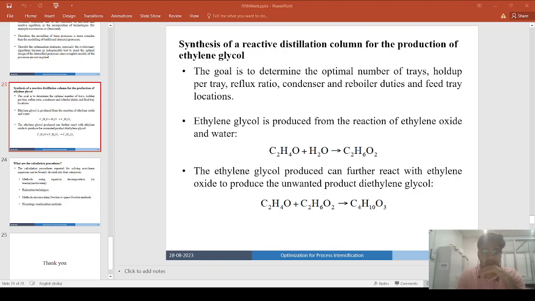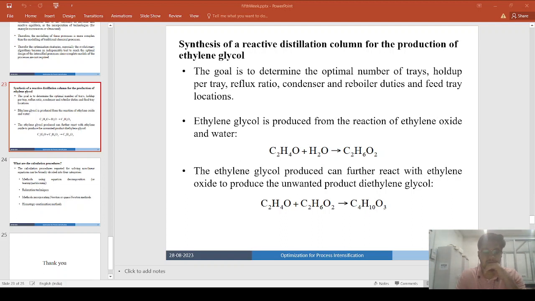Similarly, the reboiler and the condenser investment costs are evaluated by the height of the tower and the flow rate to each of the reboiler and condenser units. And the height of the liquid in a given tray is evaluated as a function of the minimum tray spacing, the corresponding volume, and also the column diameter.